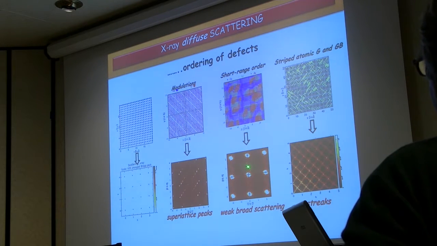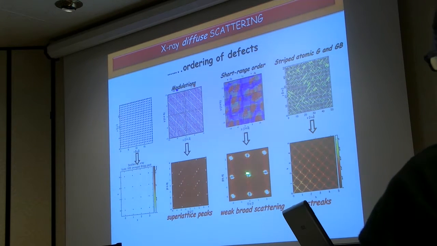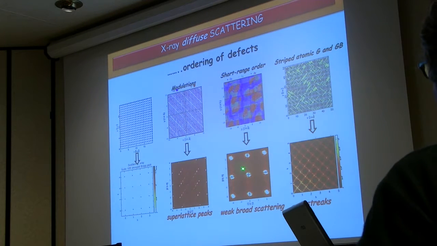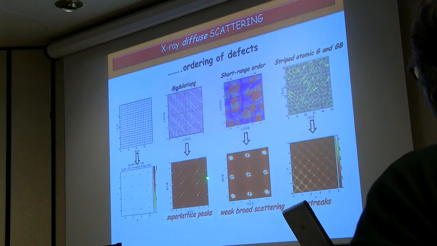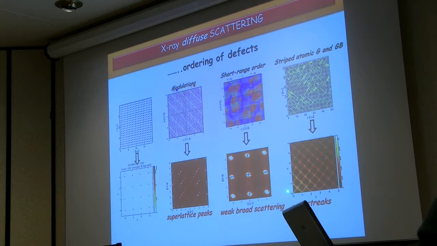These are quite weak peaks, and usually they are localized, so you need a high flux to detect this kind of feature, and so you need synchrotron radiation to measure them.